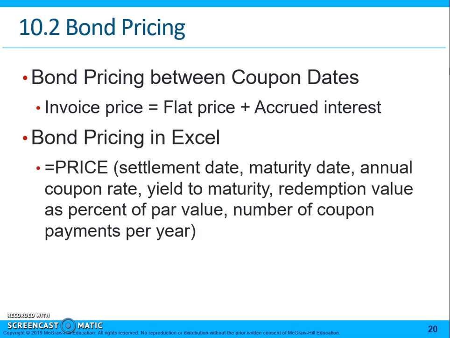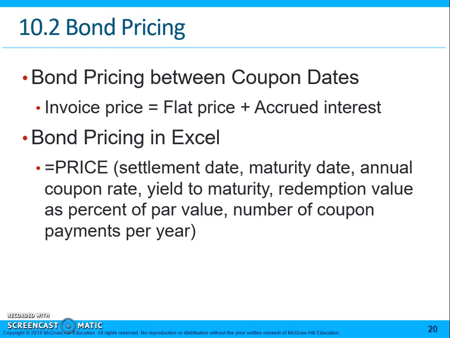You can do bond pricing in Excel, as I mentioned. The function is equals price, the settlement date, maturity date, annual coupon rate, yield to maturity, redemption value as a percent of par value, the number of coupon payments per year.